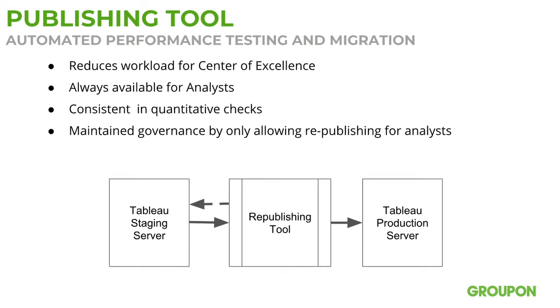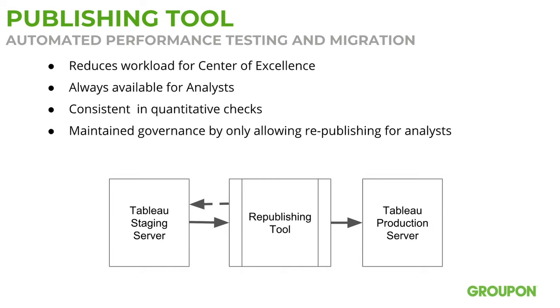And so now we have consistency, and now we even have measurement over whose checks consistently fail, whether it be the performance of the bootstrap time, that initial load, trying to make sure that it's under 10 seconds, whether it be that they're using custom SQL and trying to sneak that by us. We want to make sure that the data is materialized in the database so that it's as fast as possible for Tableau to take it.